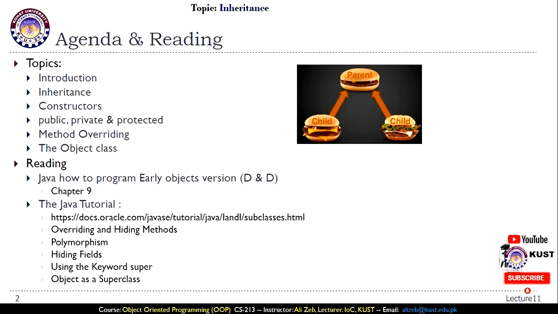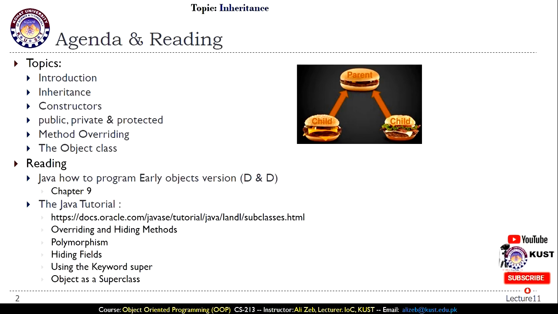We also talked about the public, private and protected access modifiers, and of course the chapter for this lecture is chapter 9. The book that we have been using is Deitel and Deitel, Java How to Program, Early Objects version.